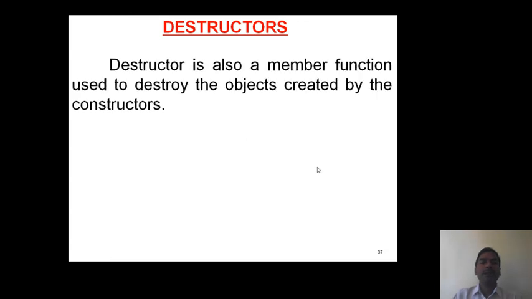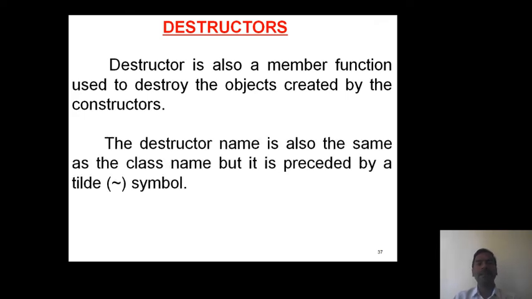Now destructors. A destructor is also a member function, which is used to destroy the objects created by the constructors. The destructor also has the same name as the class name, but the only difference is it must be preceded with a tilde symbol.